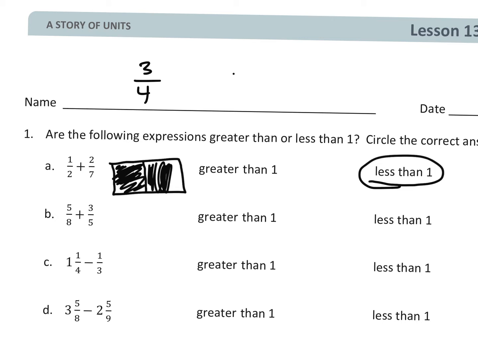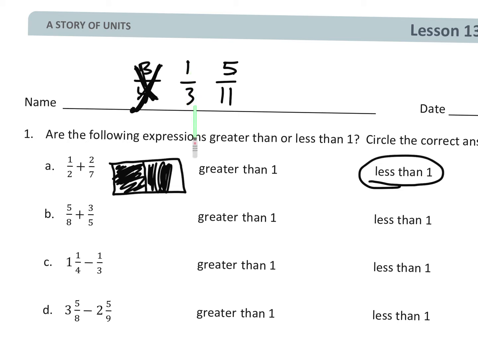3/4. How about 1/3? How about 5/11? So 3/4. If I times 3 by 2, that's going to give me 6/4. So 6 is bigger than 4, right? So I know that 3/4 is not less than half, because when I times 3 by 2, it gives me a bigger number.